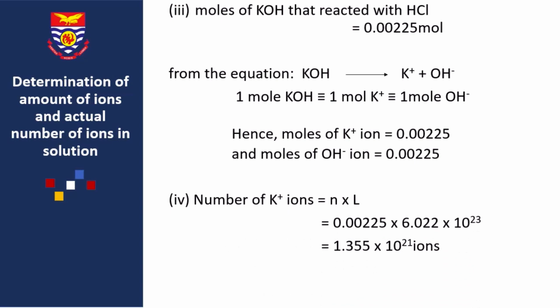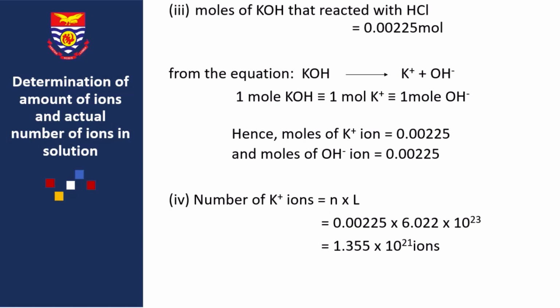What is next is to find the number of ions. And here we are talking about it as if you were to count them. But since we cannot count, let's use this relation. We know that entities, capital N, is equal to small n, which is the moles, times Avogadro's constant, L. Here we know the parameters. n we have found to be 0.00225, and Avogadro's number, L, is 6.022 times 10 to the power 23.